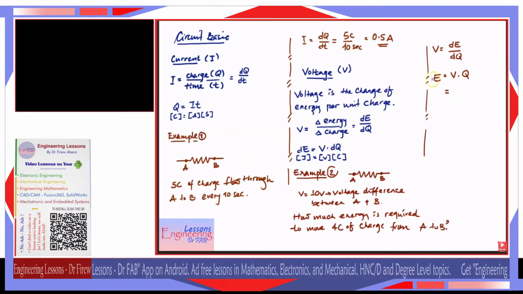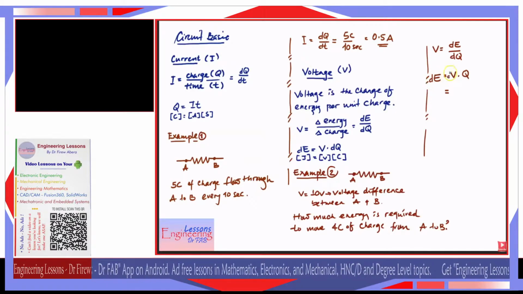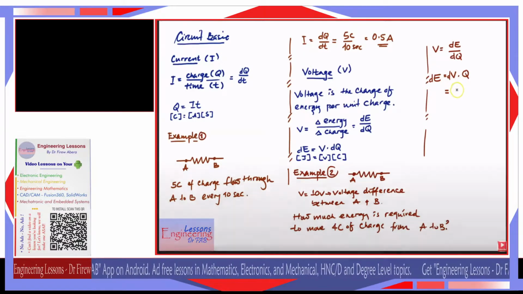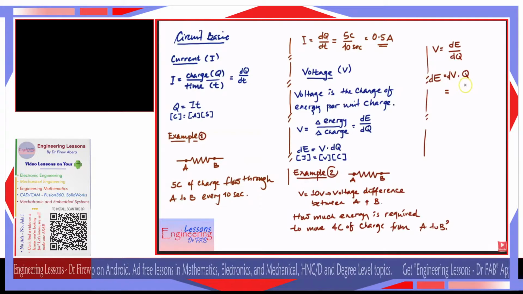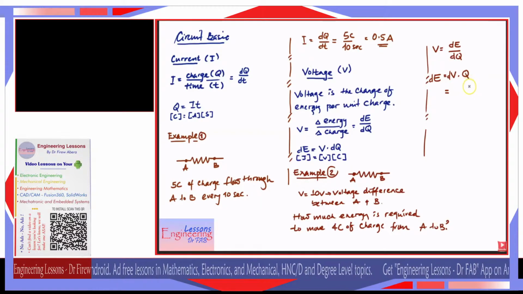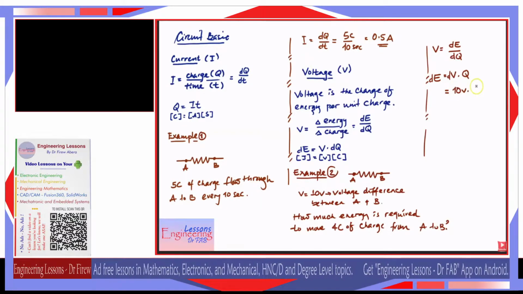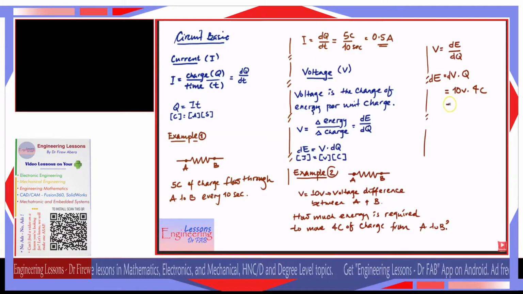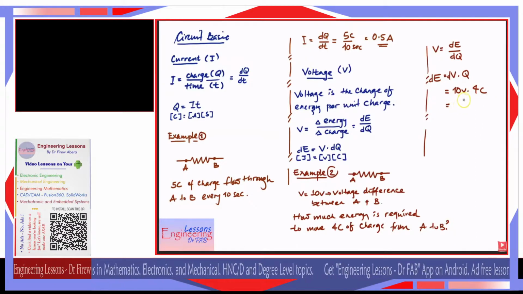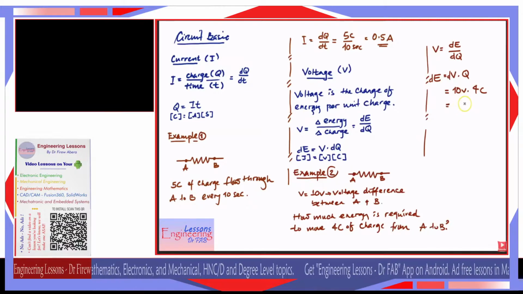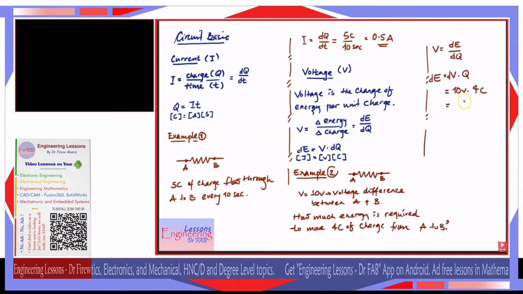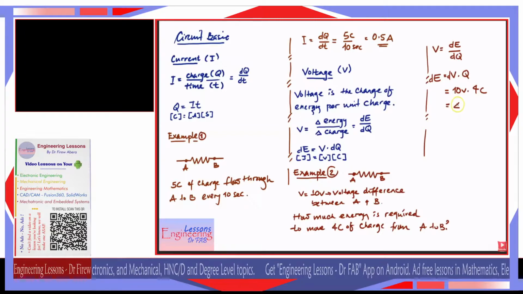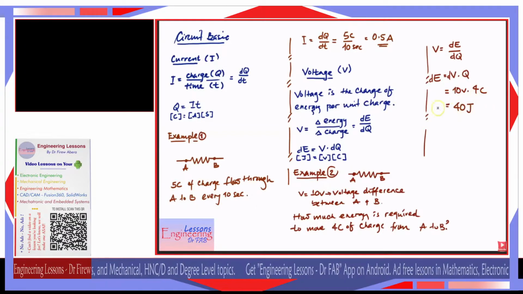So the voltage difference is 10 volts times 4 coulombs of charge. So the energy required to push through those 4 coulombs from point A to point B, therefore, is 40 joules.